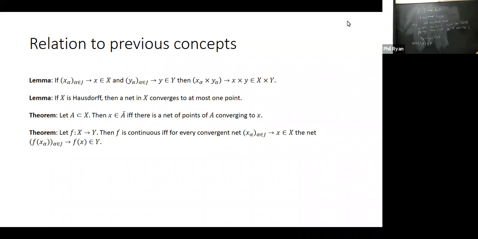I don't know if I've done this correctly, but we know for U and for V there is an element of J such that all the elements are going to be in U for the index greater than alpha, and it's going to be in V whenever the indexes are greater than gamma.